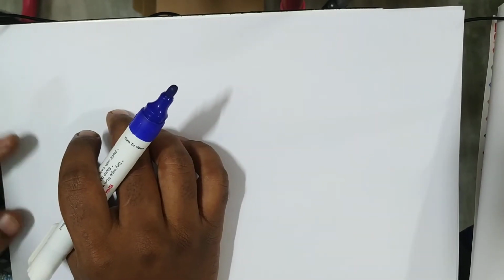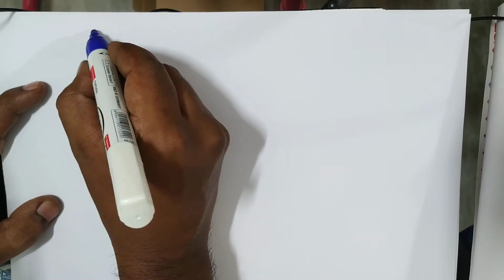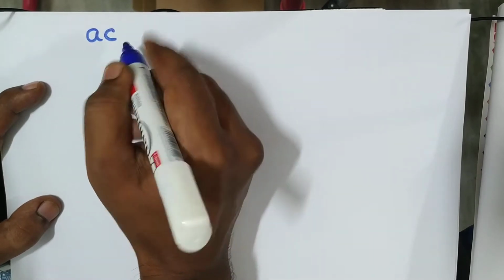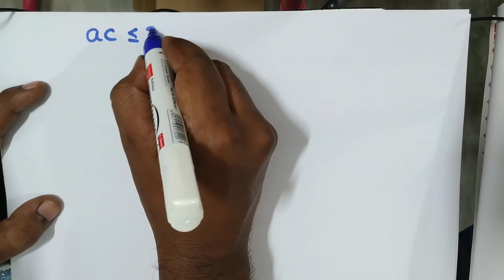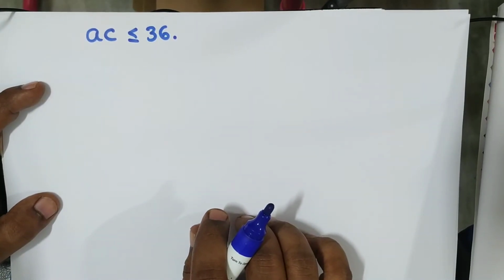Just a second, let me bring the next page. So we are on this next page. From the previous solving, we obtained this condition on AC. Now we will investigate how we are utilizing our given data.